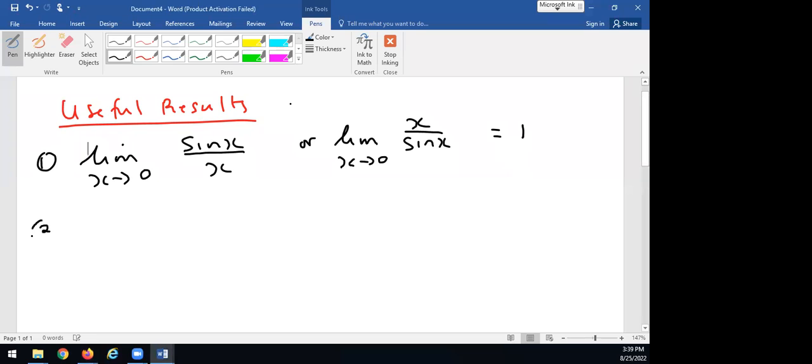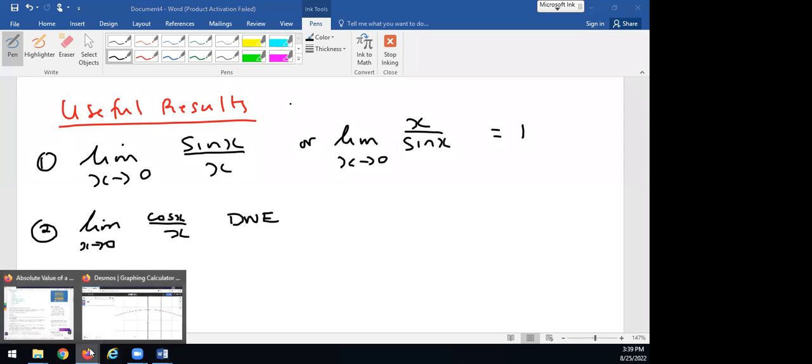So number 2, if you have the limit, I'm happy you asked, as x approaches 0 of cosine x upon x, it does not exist. The left hand and the right hand limit will not be the same, and we can graph it to show.